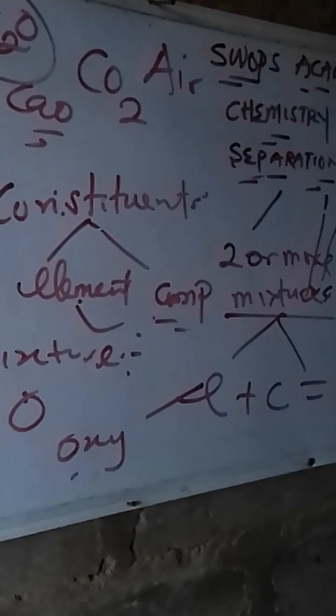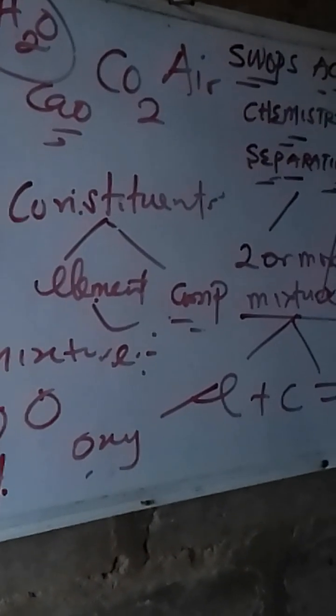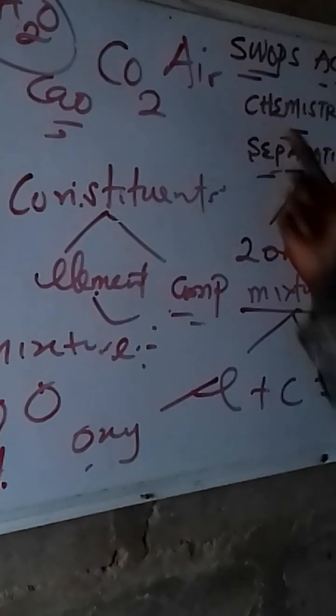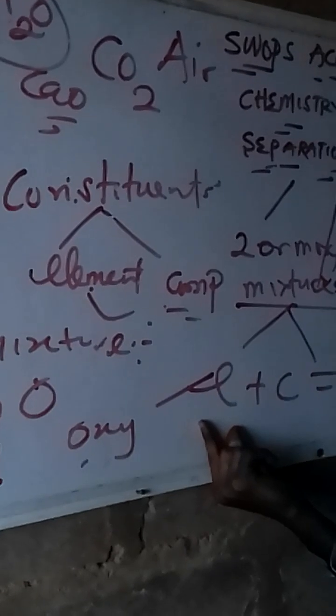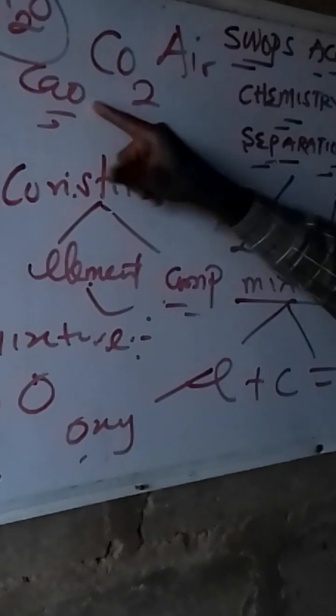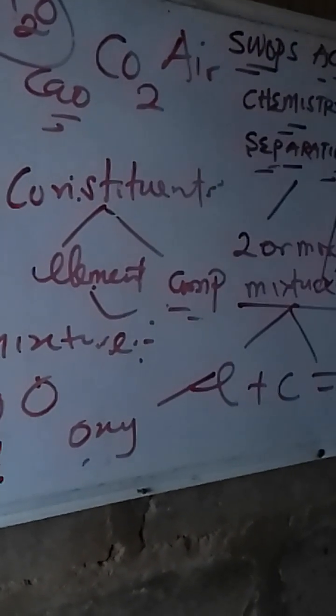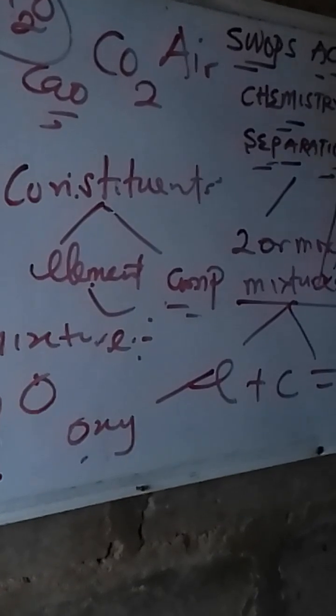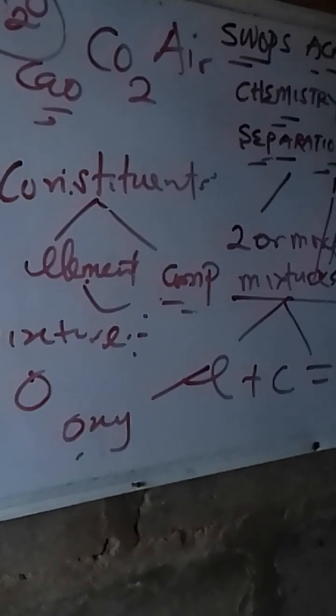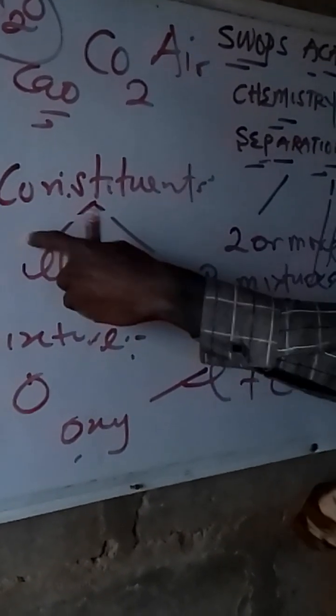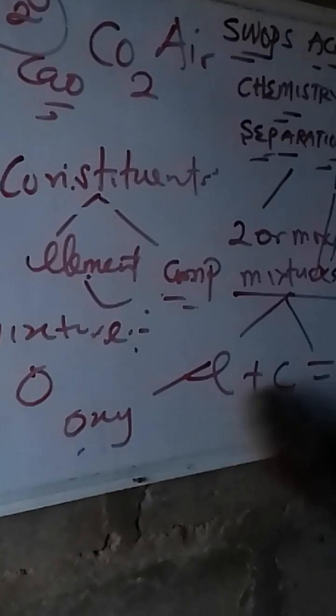In air, we have oxygen. In air, we have carbon dioxide. In air, we have nitrogen. Are we together? Nitrogen is an element. Can you see that? Carbon dioxide is a compound. Can you see that? And in air, we say air is a mixture. That means air being a mixture contains constituent, which might be element or compound.